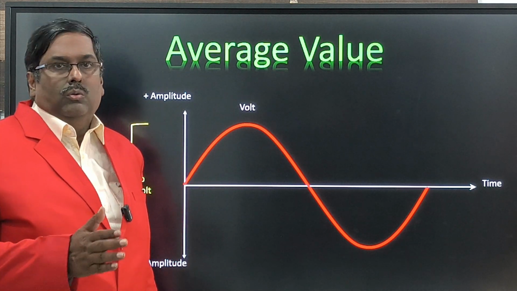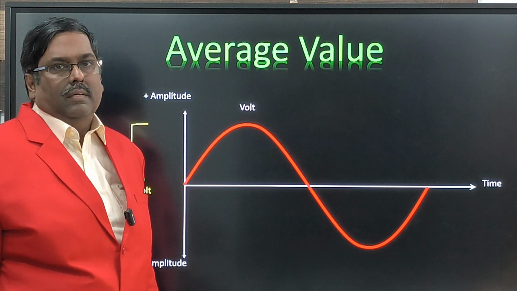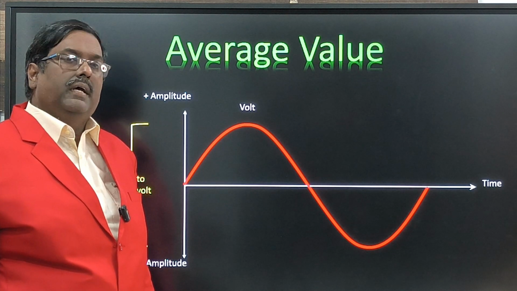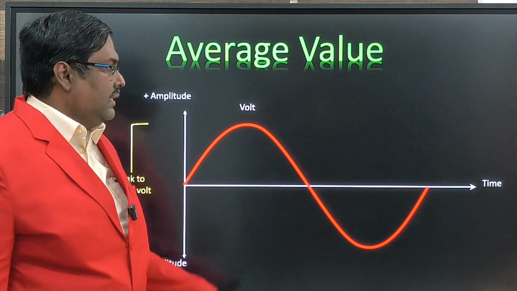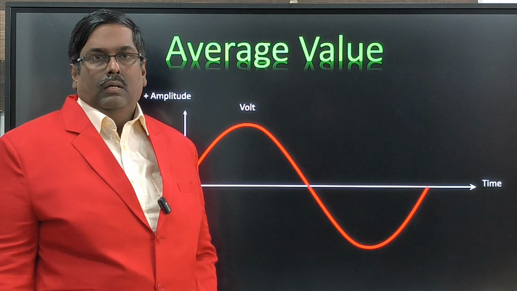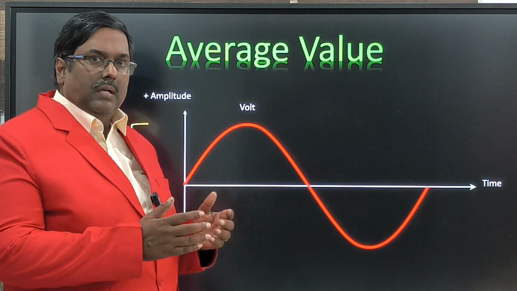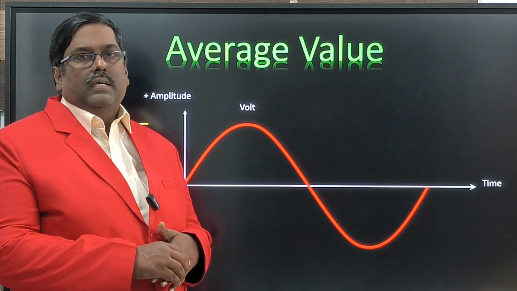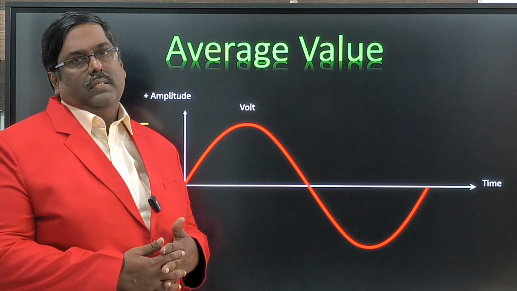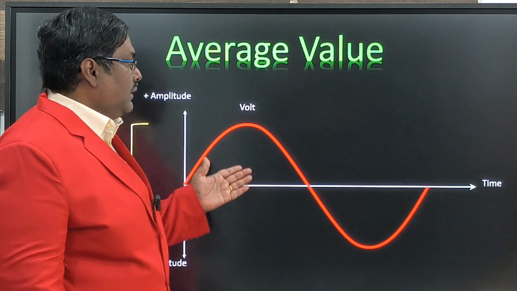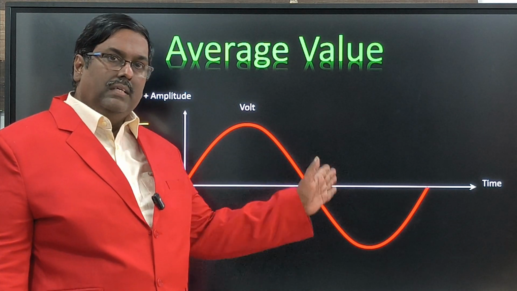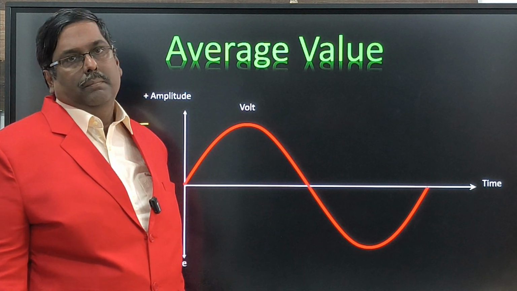So suddenly we cannot switch over easily, because all countries followed DC voltage and DC power calculation. So we have to adjust to that DC power, then introduce the AC in place of DC. That is why they are comparing with the DC power.